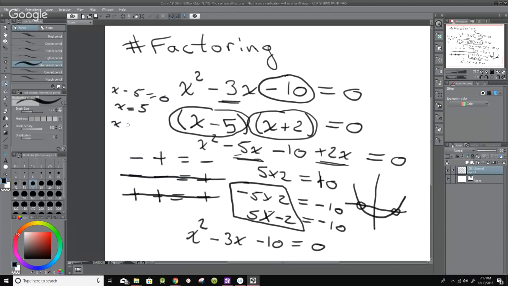What would make the other one 0? x plus 2 equals 0. Well, negative 2 plus 2 equals 0. So that means the other one is negative 2. So that tells us our two roots would be 5 and negative 2. So that's what you'll commonly hear people refer to as solving it by factoring.